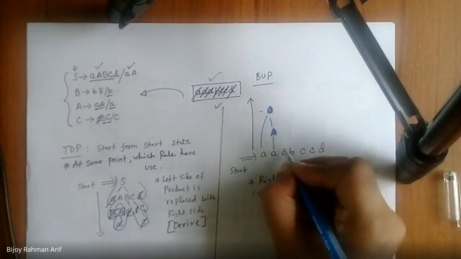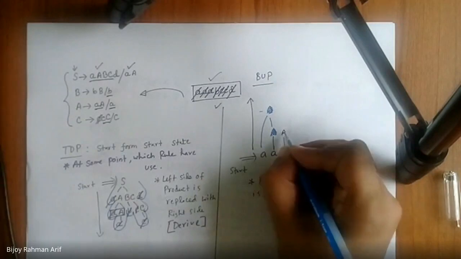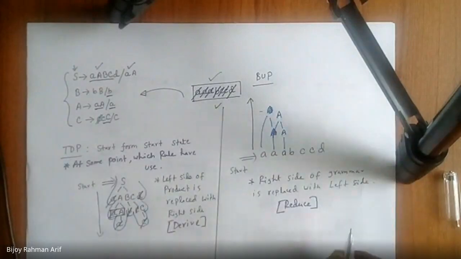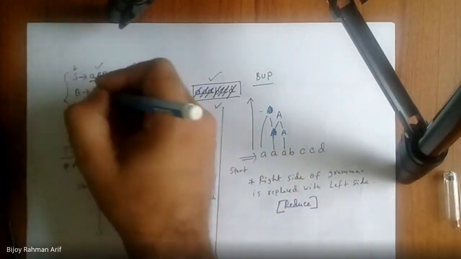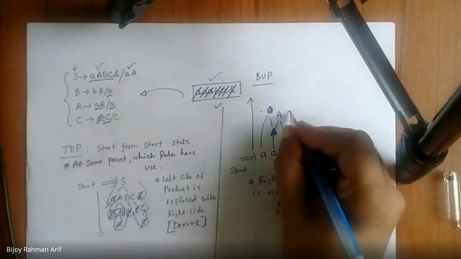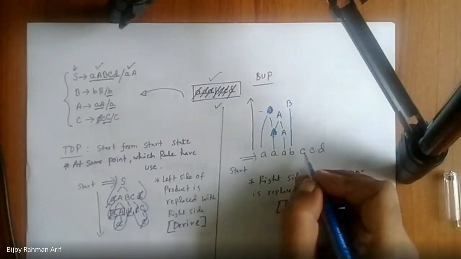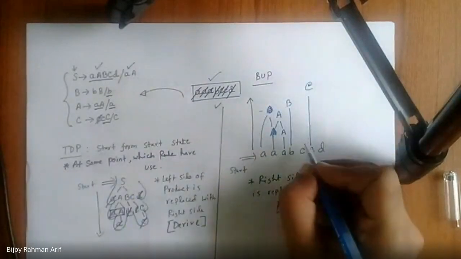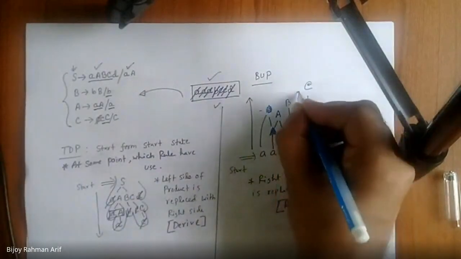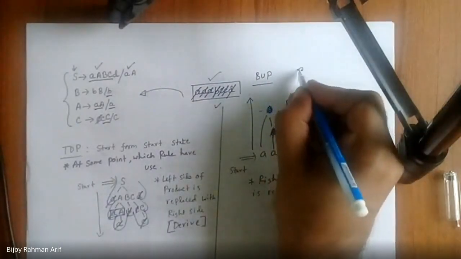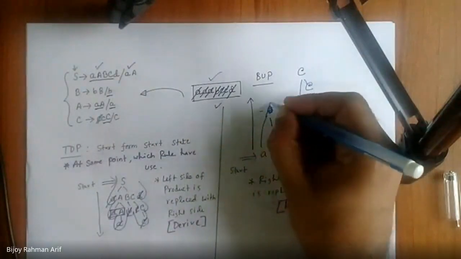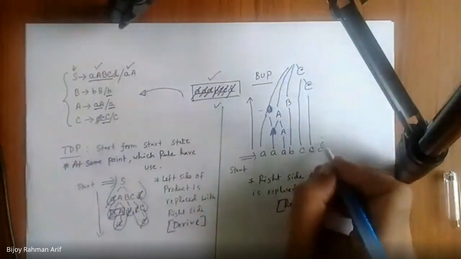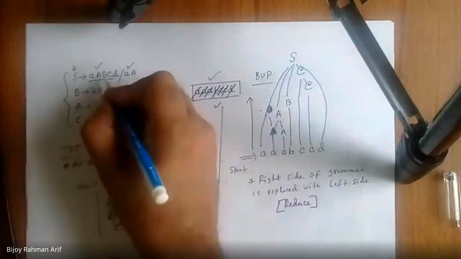I'll take at first this A and make it A. Then I'll take this A and A and make it A. Then I'll take this right hand side B and reduce it to capital B. Then I'll take this C. At first I will make this C to capital C. Then again I'll take this terminal C and this C to again capital C. Finally I get capital A, B, C, D, and get the start symbol using this.